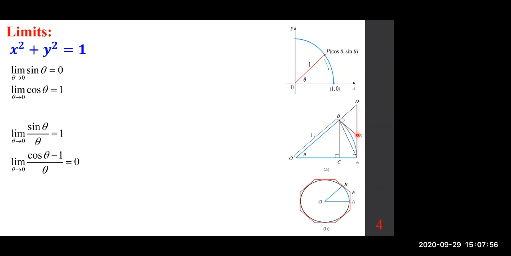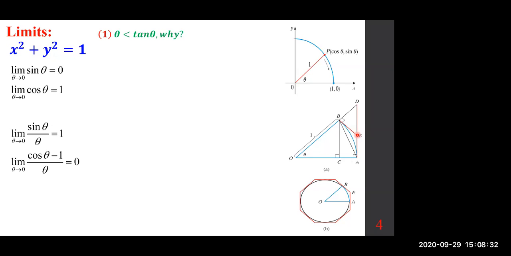Okay, class? So let's quickly recap. BC represents sine theta. Arc AB represents theta. And what about AD? That is the tangent theta. Why is that? Tangent is the opposite AD over OA. So we are saying the sine is less than theta is less than tan theta. And we're going to use that concept. So theta is less than tan theta.